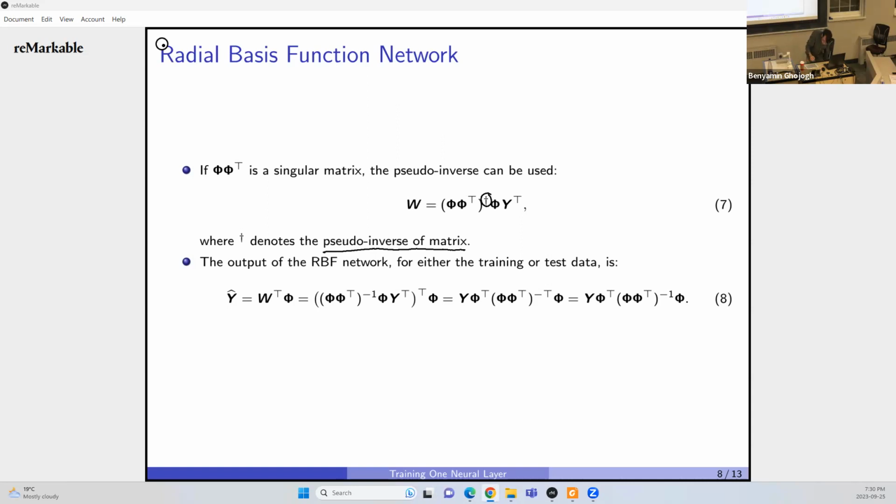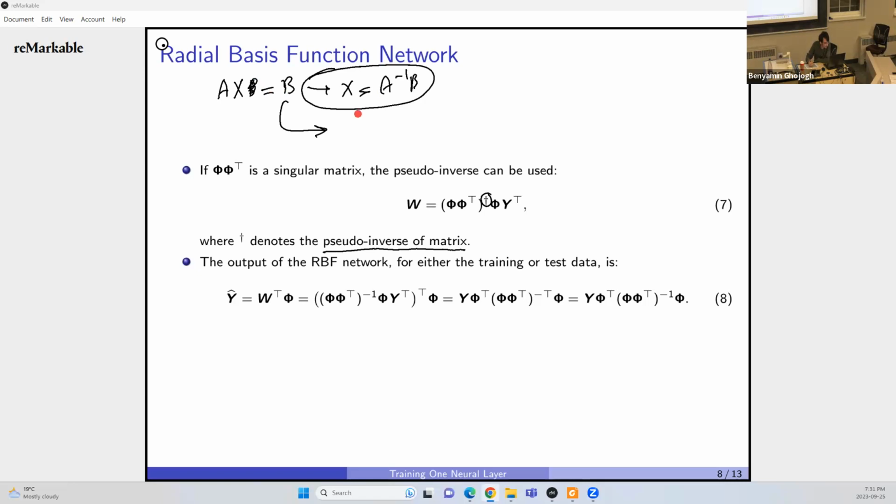Let me tell you what I mean by pseudo inverse. Assume AX equals B. Okay, so X is A inverse B, but what if A is singular? Okay, so I can't. So what should we do? Rather than going in this path, I go the other way around.